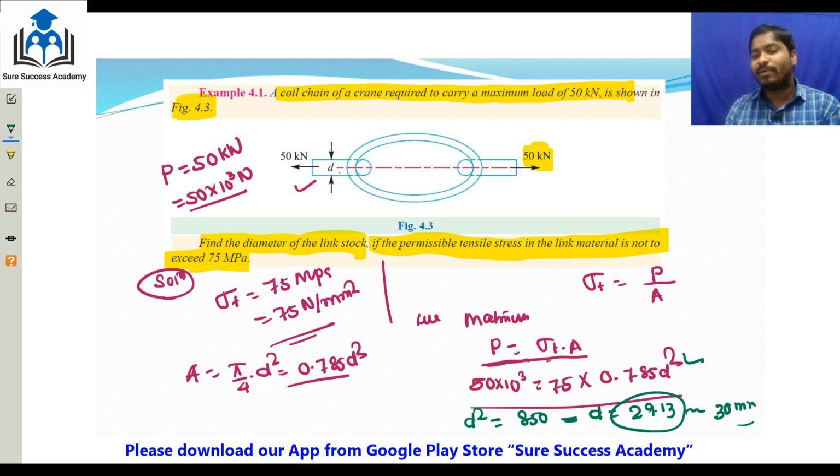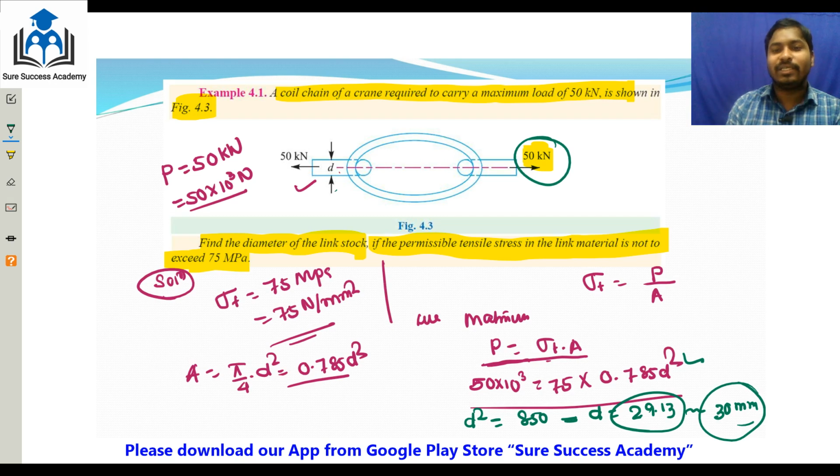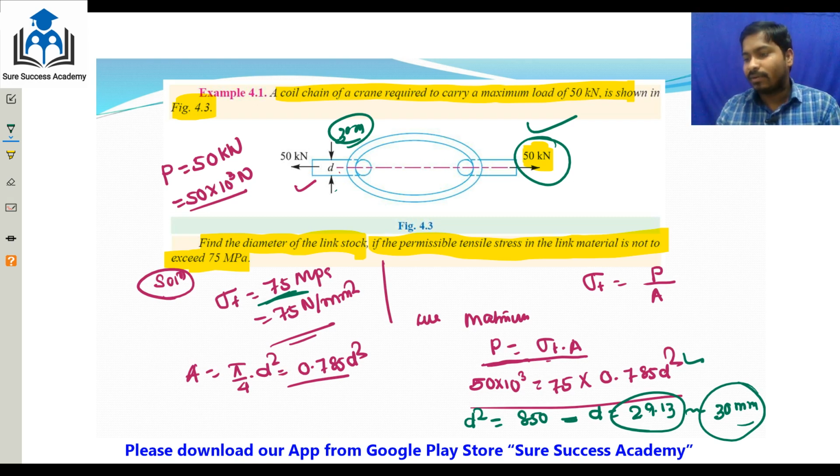If you make the link stock 30 mm, then it will not fail and it can take 50 kilonewton loads. Like this we can calculate simple problems.